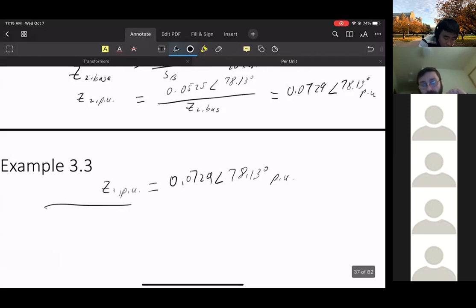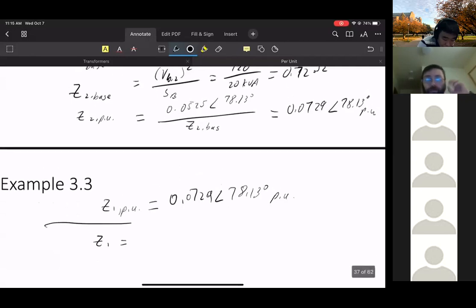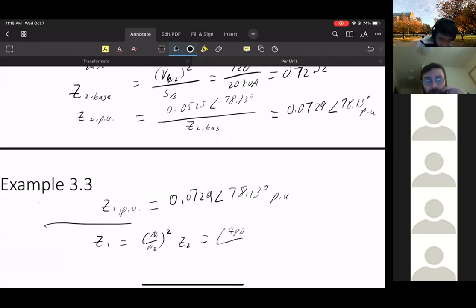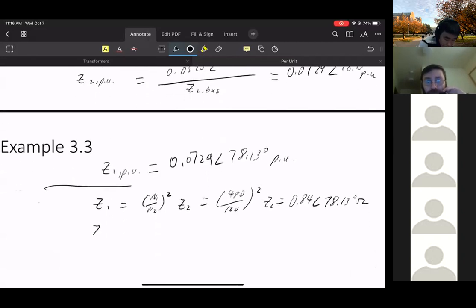To do a sanity check, let's do this in the normal, non-base terms. We have N1 over N2. Let's reflect this from the secondary to the primary side. So we get 480 over 120, squared, times Z2. This is 0.84 angle 78.13 degrees ohms. Now we look at the base for the primary side: the voltage at the primary side squared divided by the power we picked.